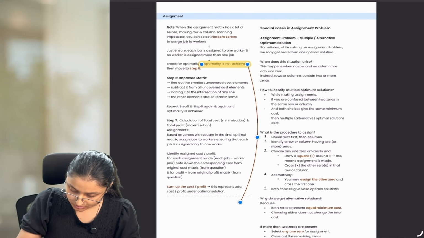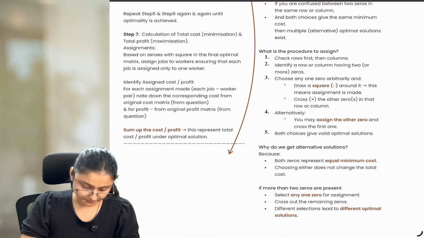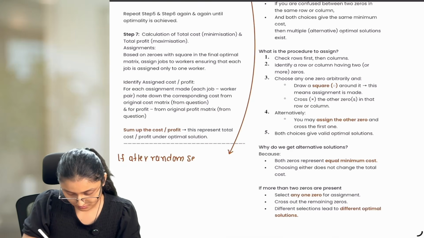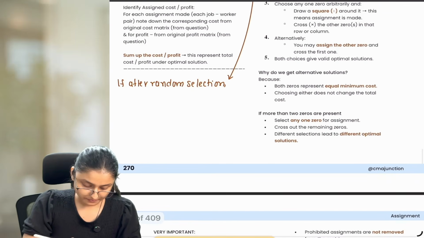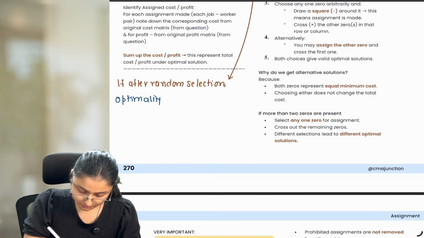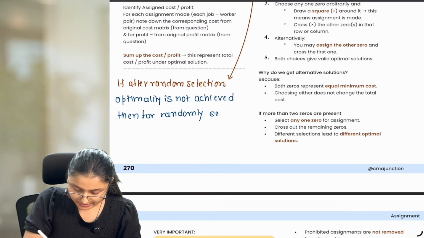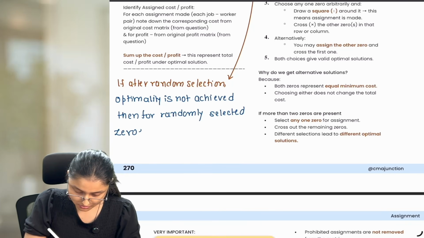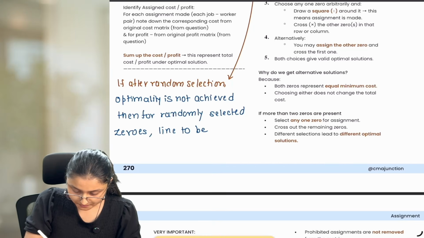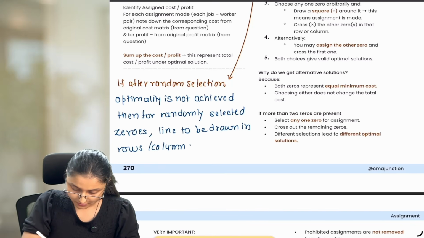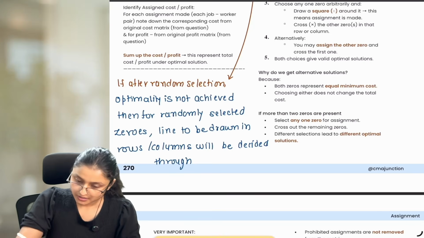Draw in the same manner as I am doing and write down: if after random selection optimality is not achieved, then for randomly selected zeros, the line to be drawn in rows or columns will be decided through the tick mark method.